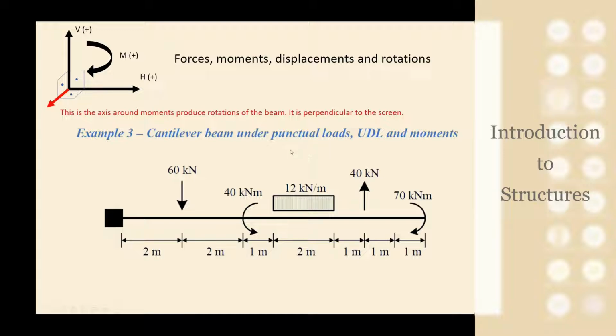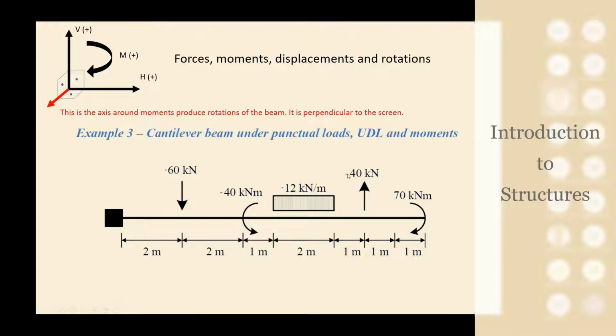So the first example is a cantilever beam. If we want to be pure and mathematically consistent, we should say that 60 kilonewton, this punctual load, is negative because it's coming down. This moment, 40 kilonewton meter, is negative because it's anti-clockwise. This 12 kilonewtons per meter should be negative because it's going down.